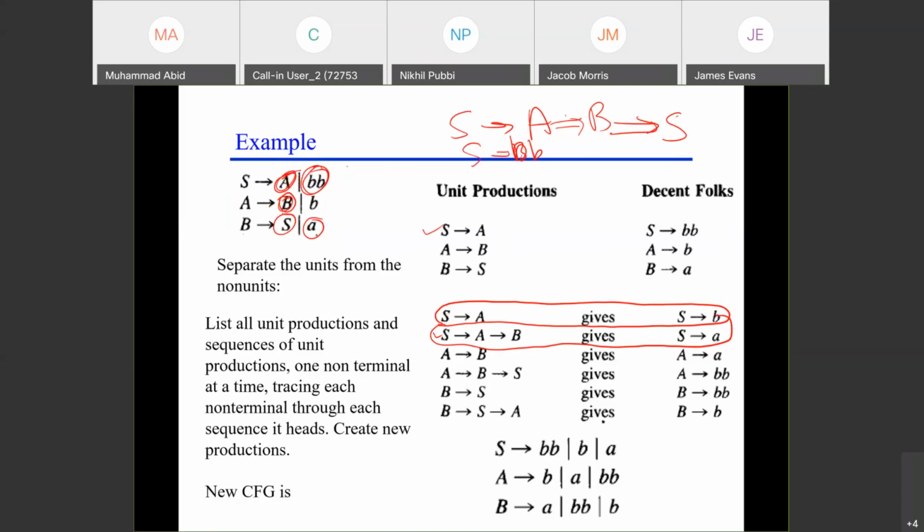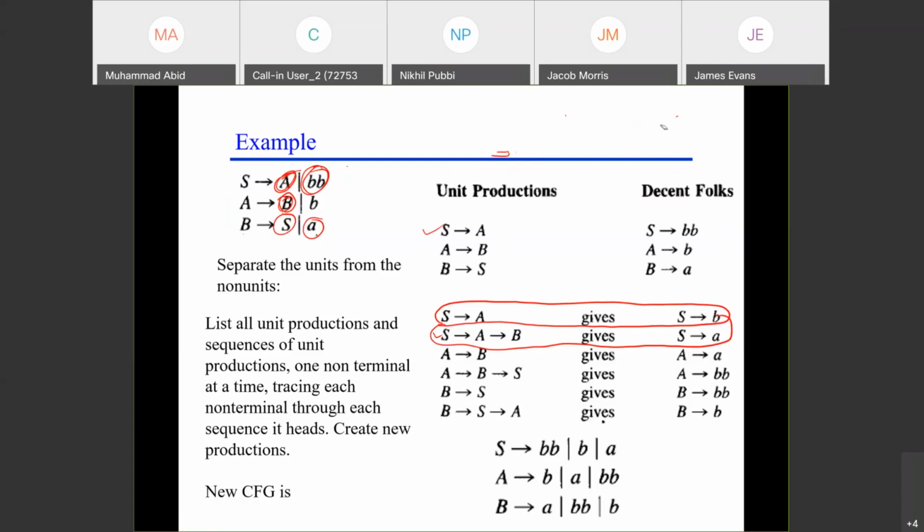Whenever you encounter the non-terminal from where you start, you need to stop. You start from S and you encounter S again. It means you finish one iteration and now a second loop iteration is going on, and it will give you the same thing again and again. So now you are in a cycle, so you stop this process.